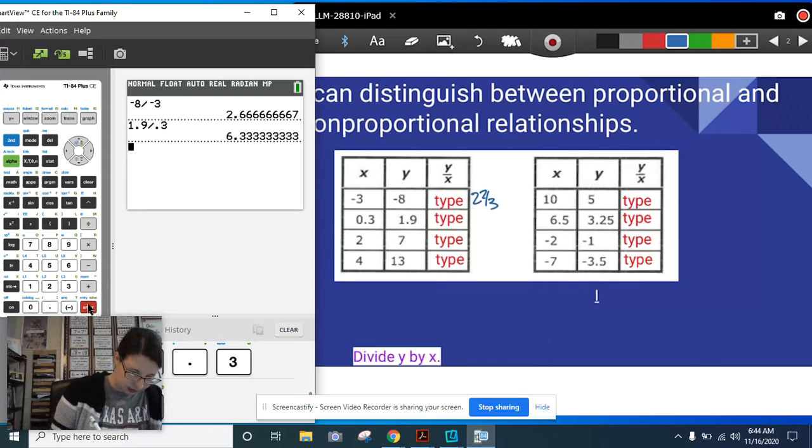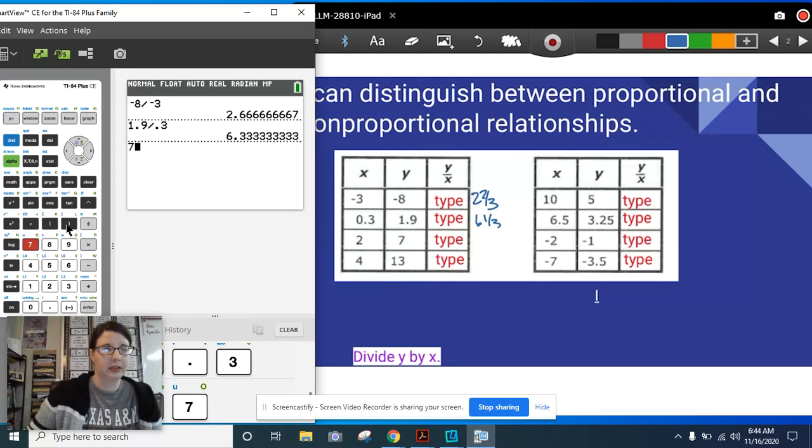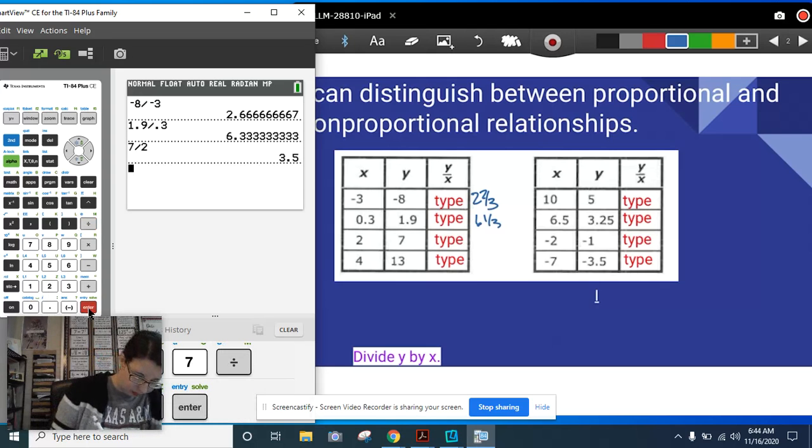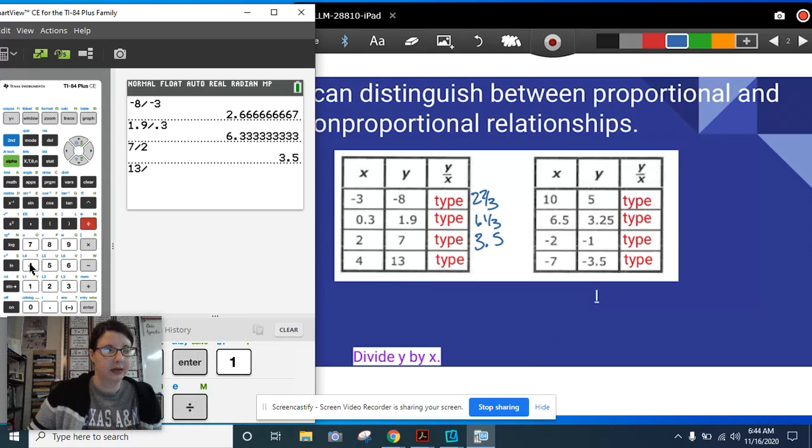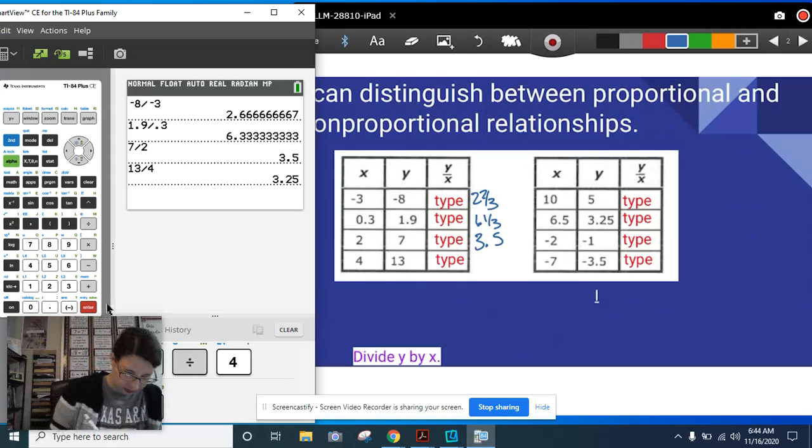I'm going to get 6 1/3. And we're going to take 7 and divide it by 2, and I get 3.5, or 3 1/2. And 13 divided by 4 is 3 1/4. None of that looks like anything else. They're all different numbers, right?